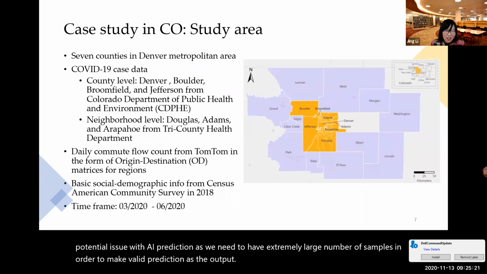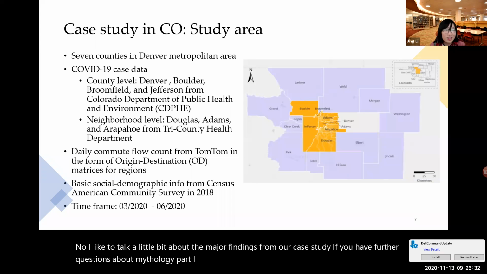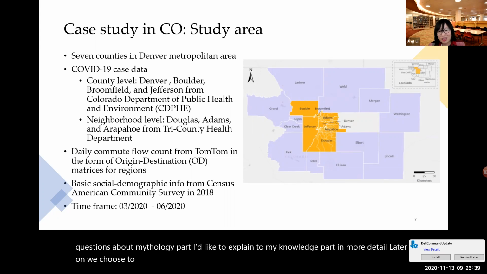Now, I'd like to talk a little bit about the major findings from our case study. If you have further questions about the methodology part, I'd like to explain it in more detail later on. We chose to study the Colorado area just because our data partner is willing to provide data in this region.